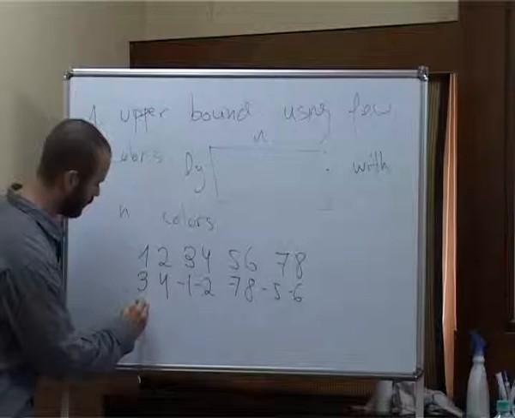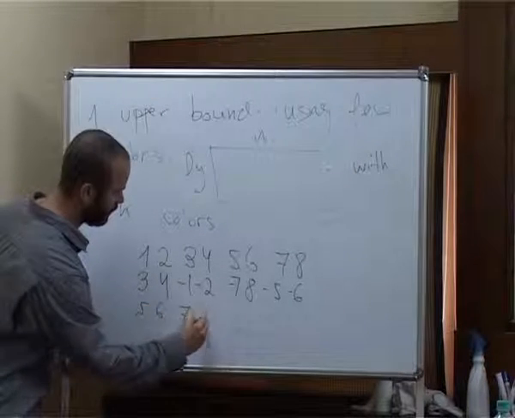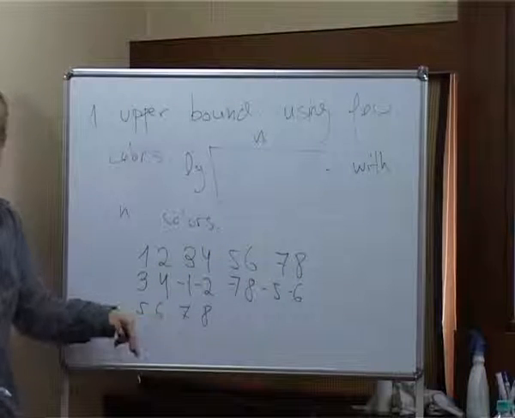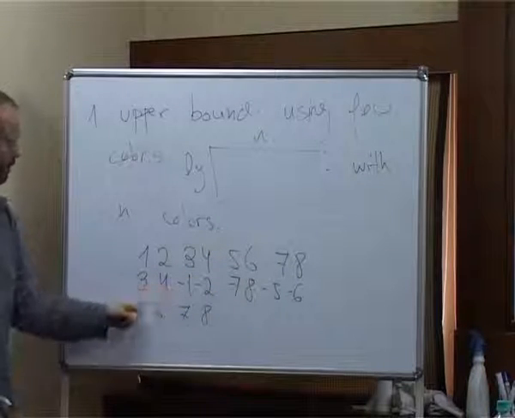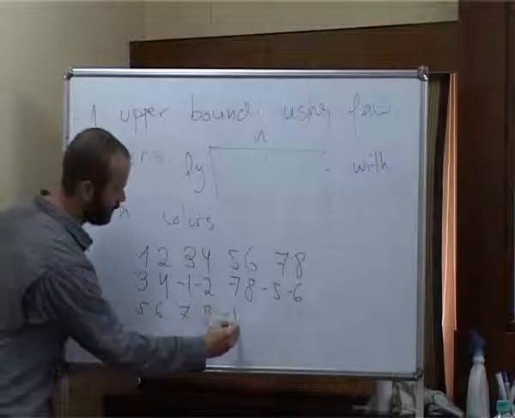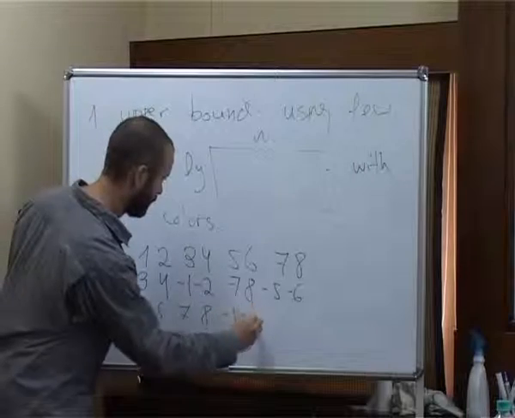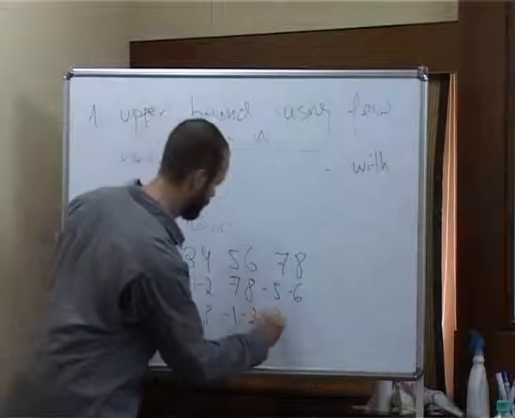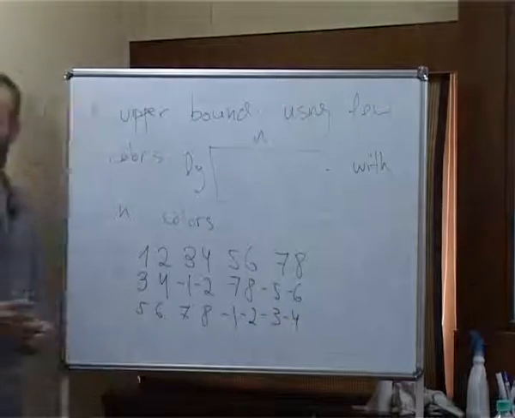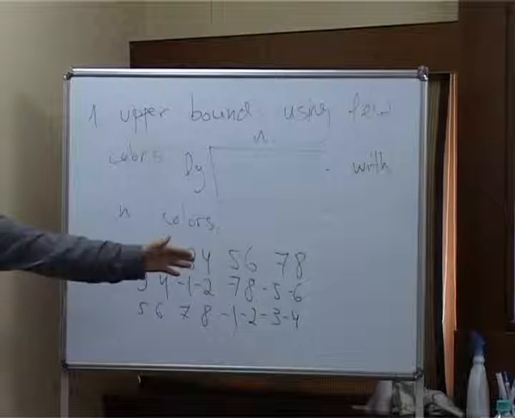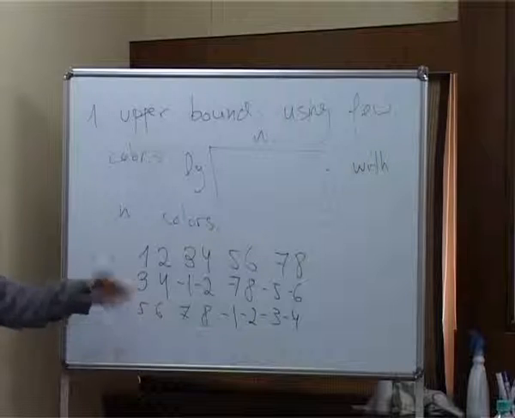We start by doing the same thing, 5, 6, 7, 8, copied here. And now we know what the other entries should be. So 5 and 5 gives you a -1, 6 and 6 gives you a -2, -3, and -4. Okay, so now we have 8 columns and 3 rows, as we need.